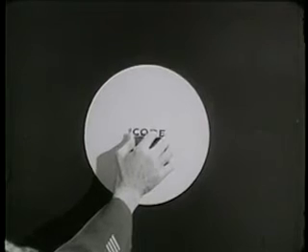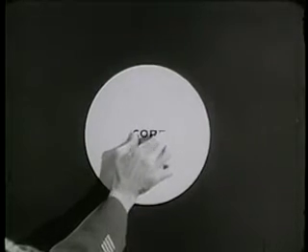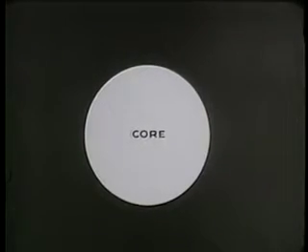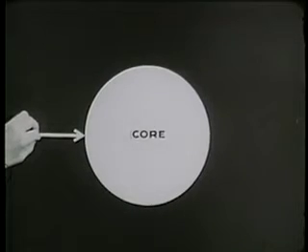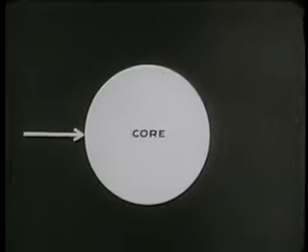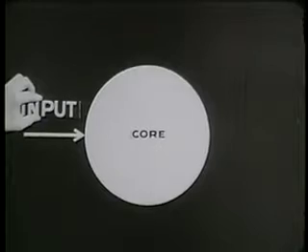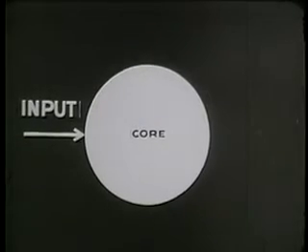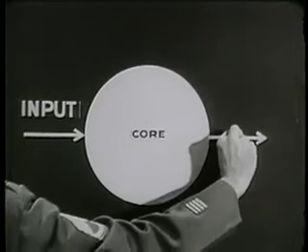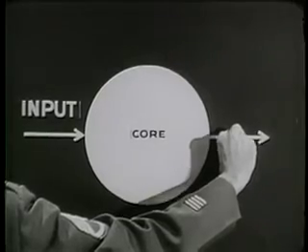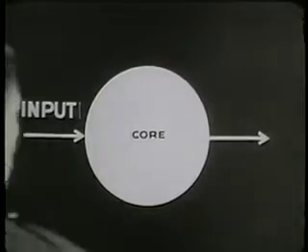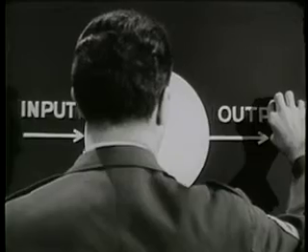A circle represents a core. An arrow pointing into the circle is an input. An arrow pointing away, an output.